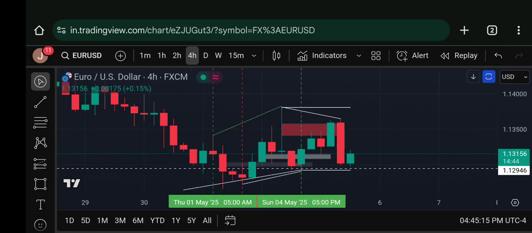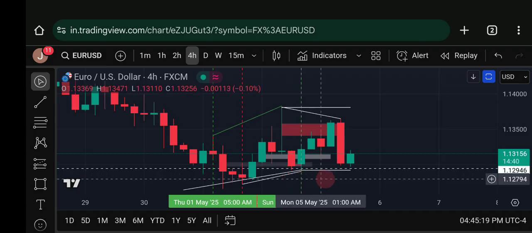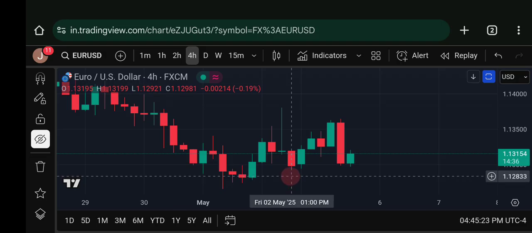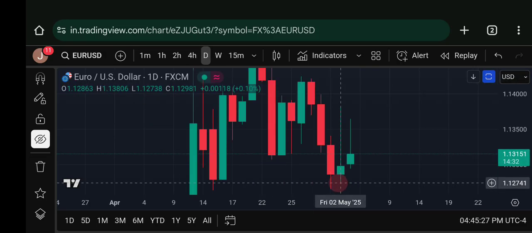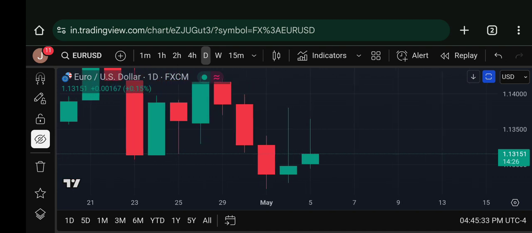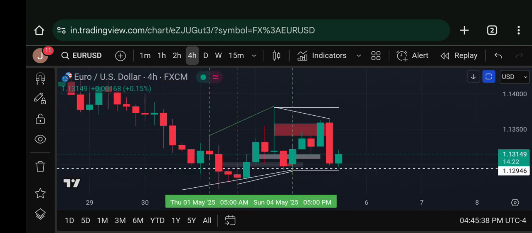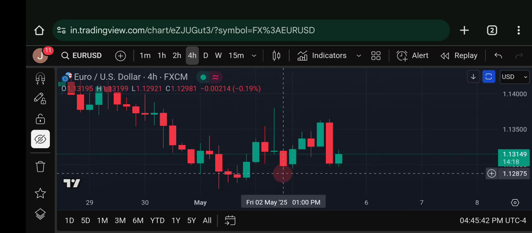That's what will happen. Just a second, I'm checking. What's this? 1.1291. No, EURUSD will not sweep the previous day low, but it will definitely first move above this low.